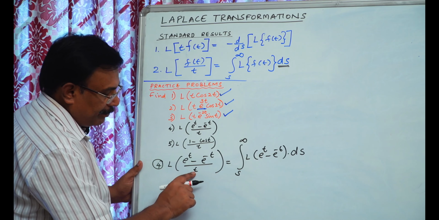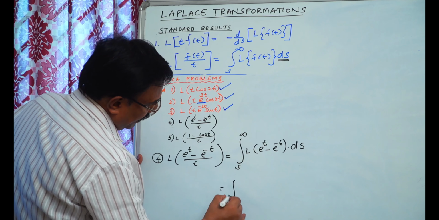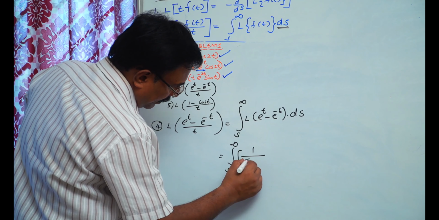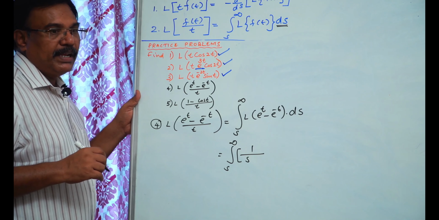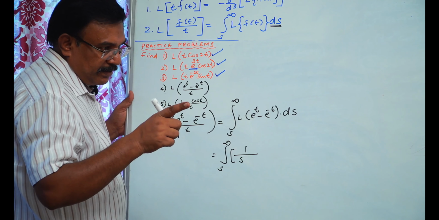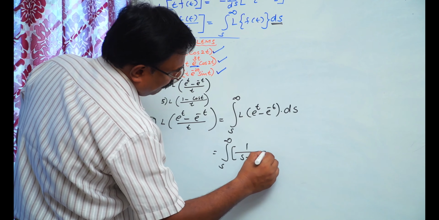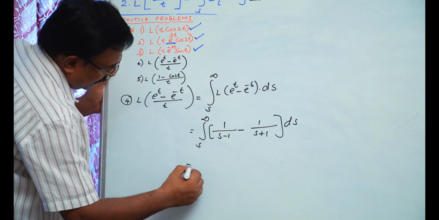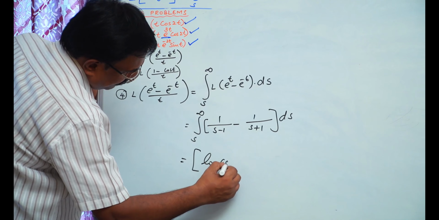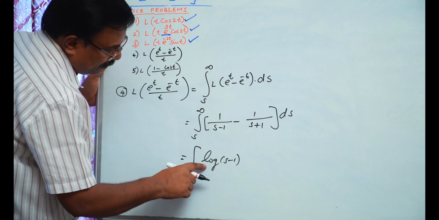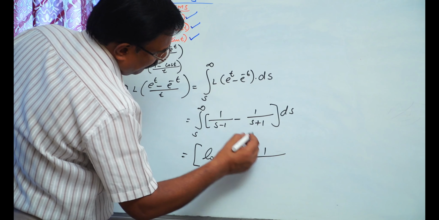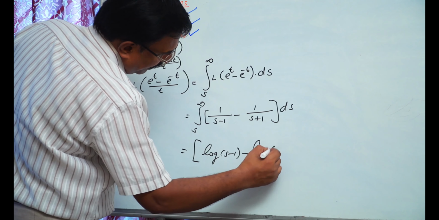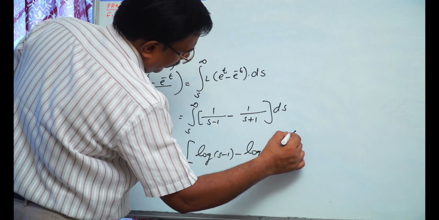I replace this by integral s to infinity Laplace of e power t, that is 1 by s minus 1, minus 1 by s plus 1 ds, which is log of s minus 1, for 1 by s minus 1 the integral is log of s minus 1, minus 1 by s plus 1, the integral is again log of s plus 1, limit is s to infinity.